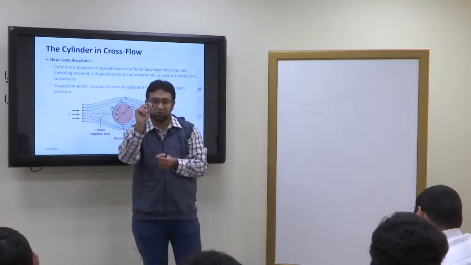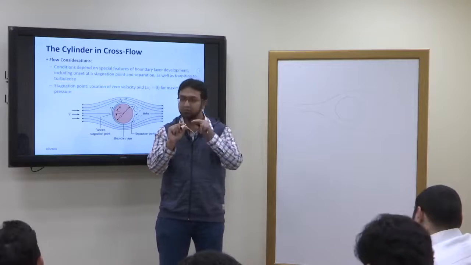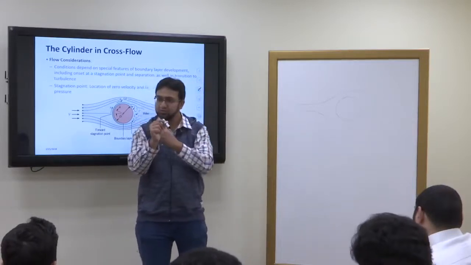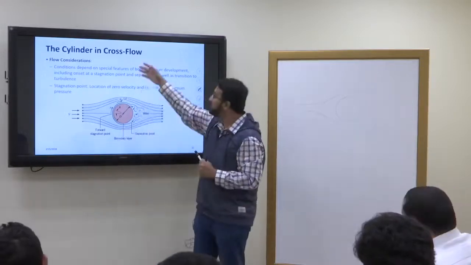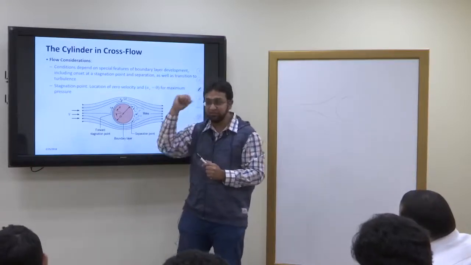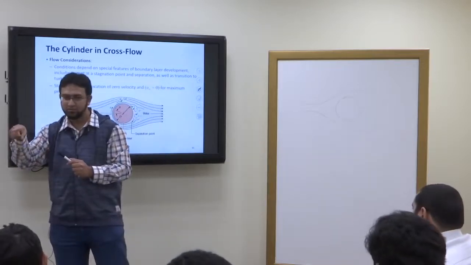This is how most of the time heat transfer occurs. Suppose you have a cylindrical object and you're not discussing the flow inside. What we are focused on is the flow at the outer side, so flow around the tube. So the cylinder in cross flow. We studied the flat plate in parallel flow in the last lecture.